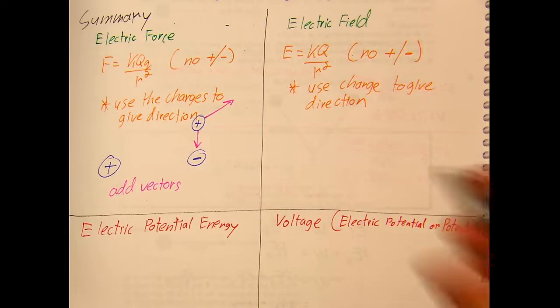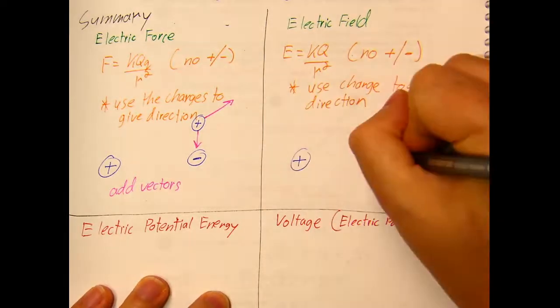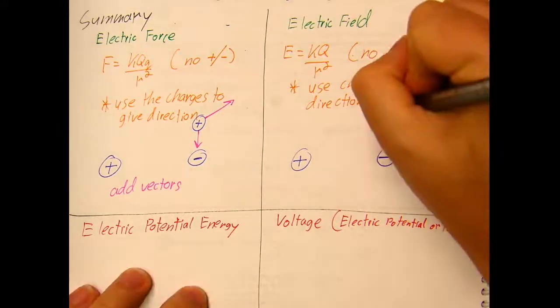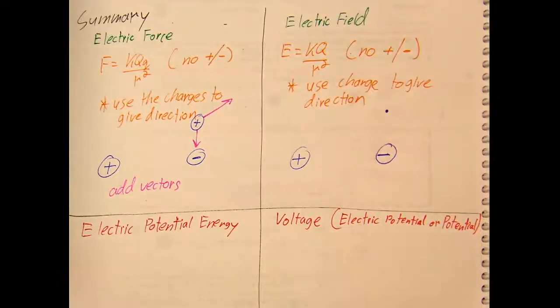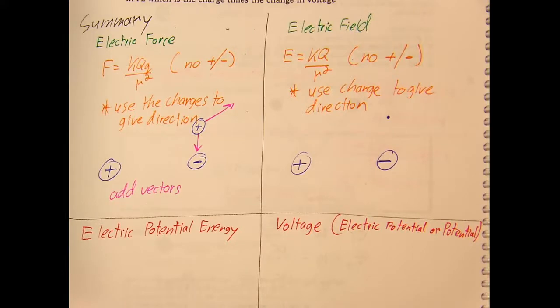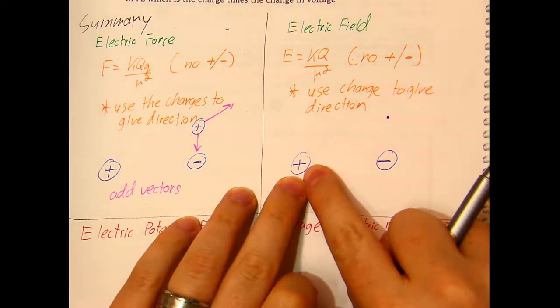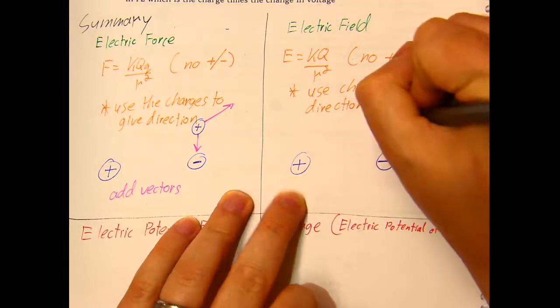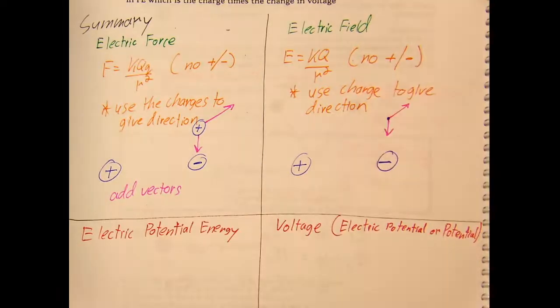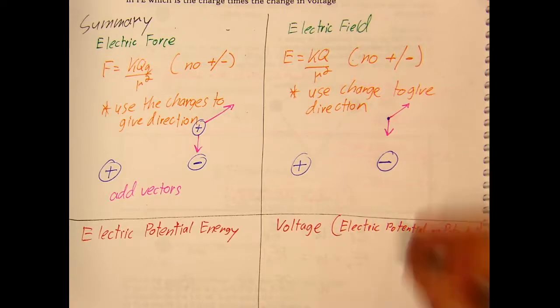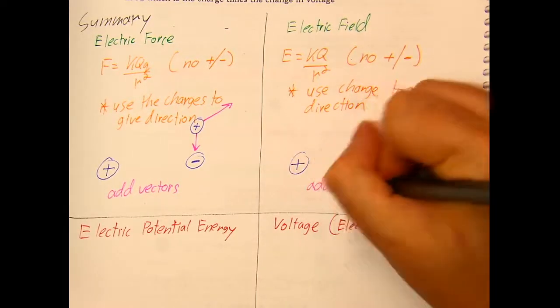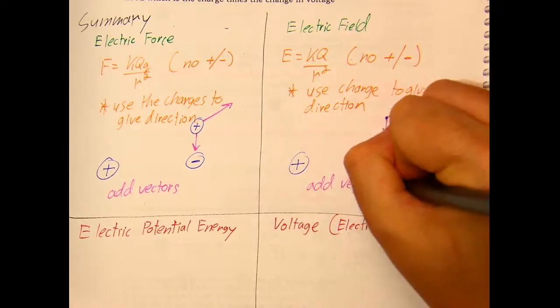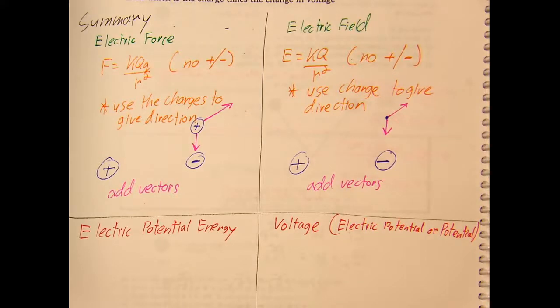So if I had a positive charge here and a negative charge here, and I just wanted to know what the electric field was at some point in space, the electric field from the positive would be going that way. Electric field from the negative would be going that way. And we would just add the vectors. So that's electric field and electric force.